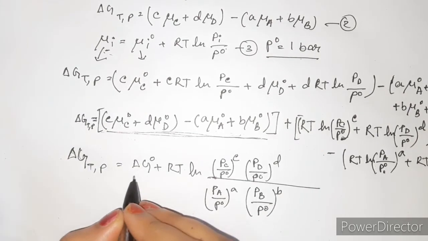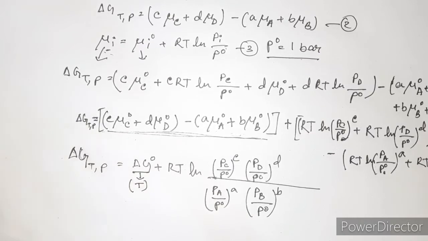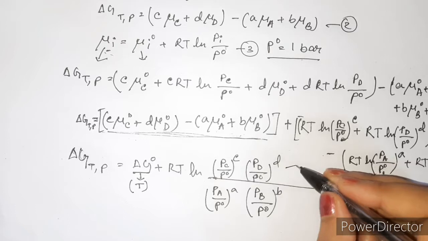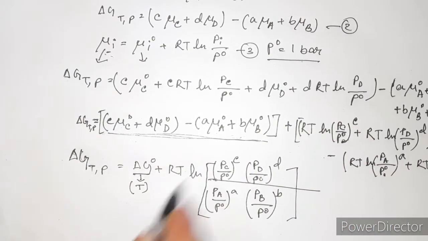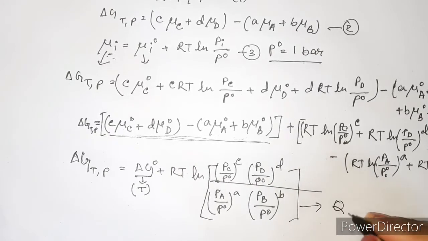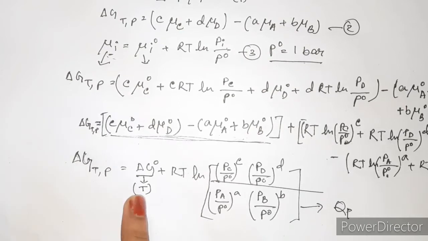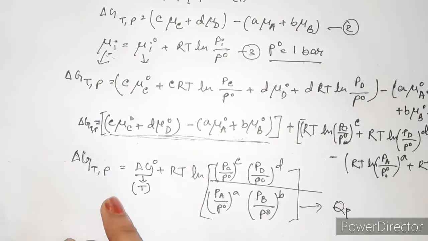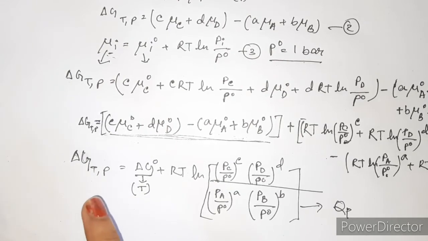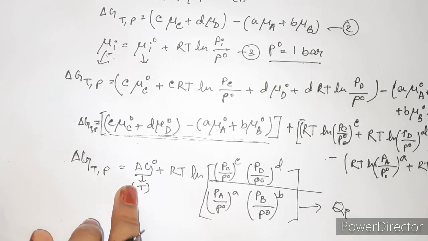Now this del G 0 is a function of T only, and this whole part can be written as Qp. Since del G 0 is only a function of T, at a particular temperature it has a particular value.